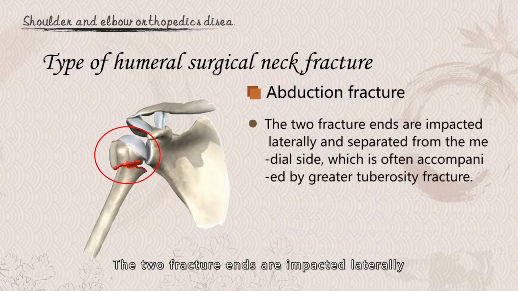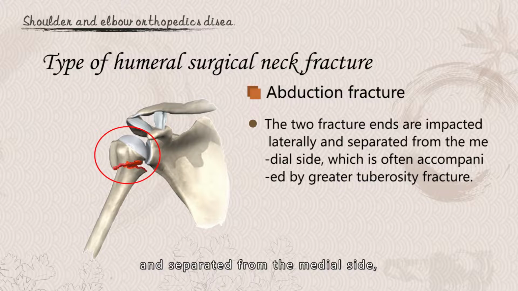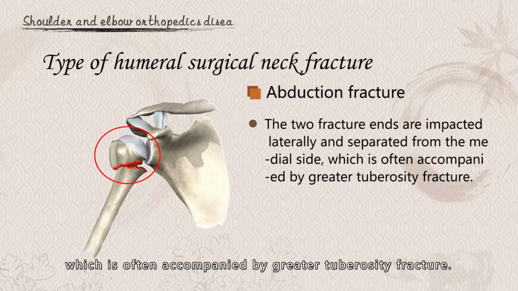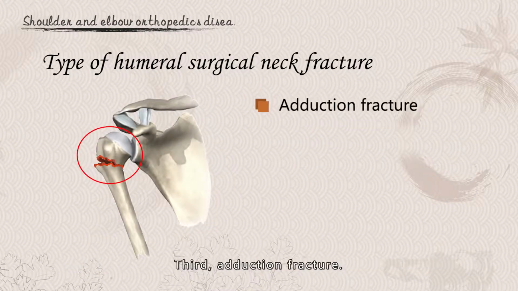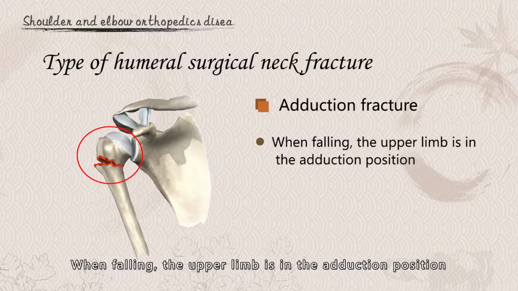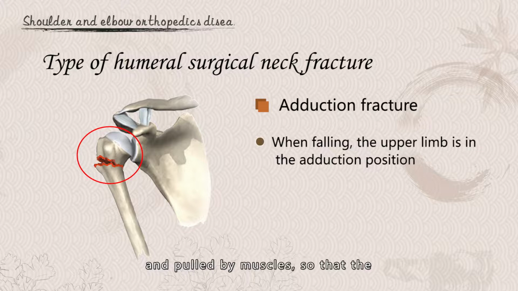The 2 fracture ends are impacted laterally and separated from the medial side, which is often accompanied by greater tuberosity fracture.